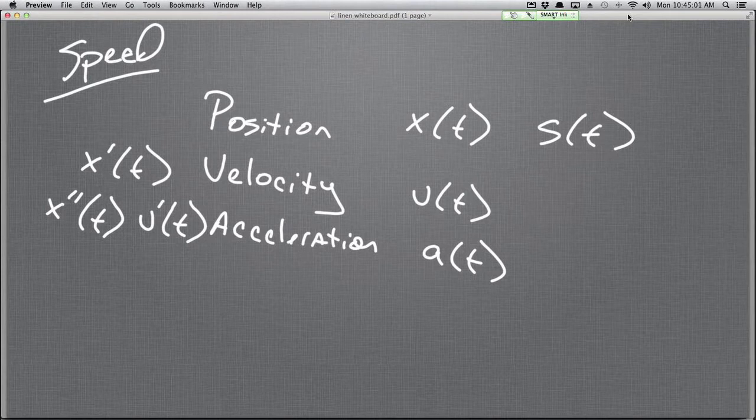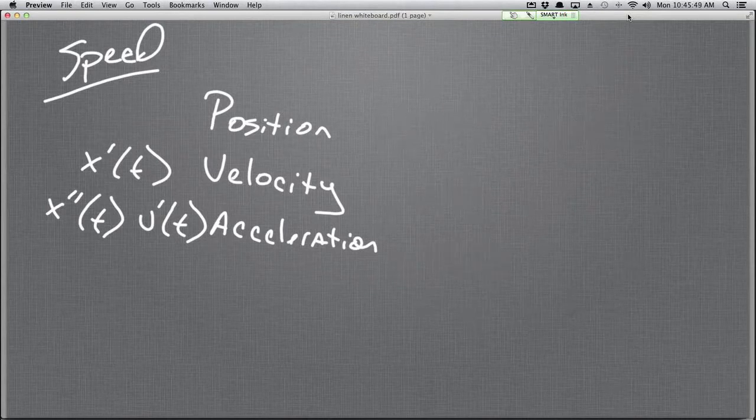And that goes to say that a negative velocity means my position is decreasing. So that's the relationship between velocity and position. Positive velocity, I'm increasing my position. Negative velocity, I'm decreasing my position. Something I need you to notice there: when we're talking about velocity, are we saying negative or positive?